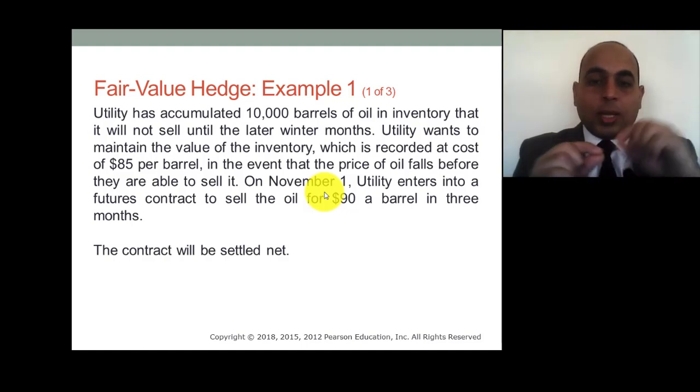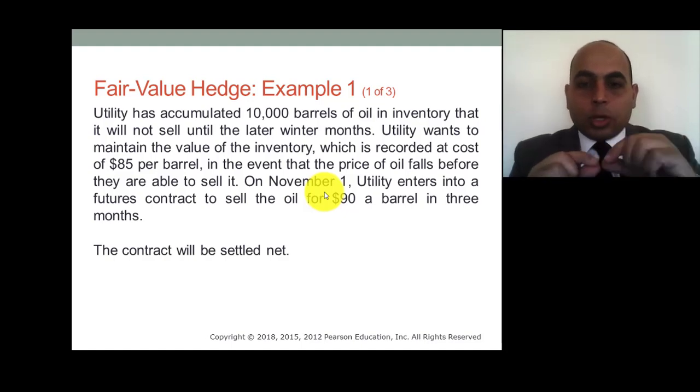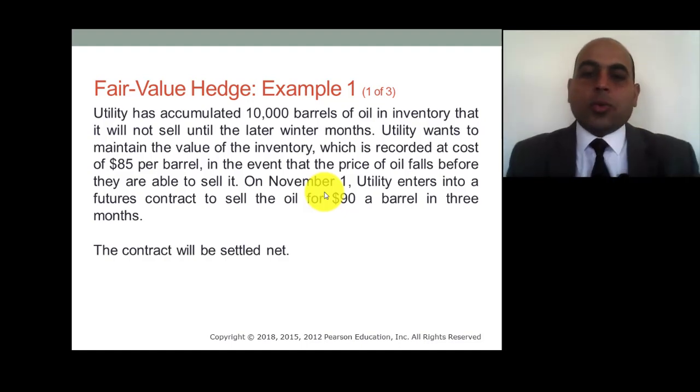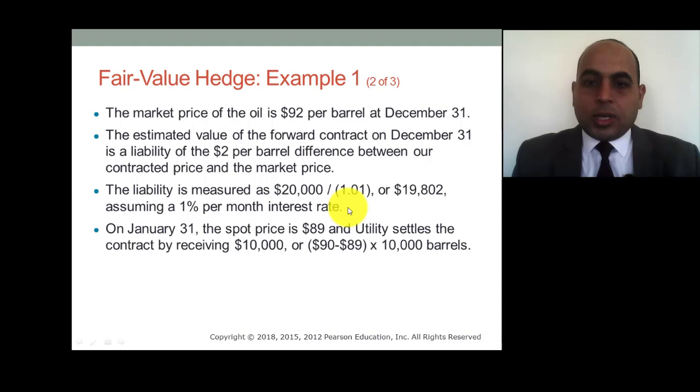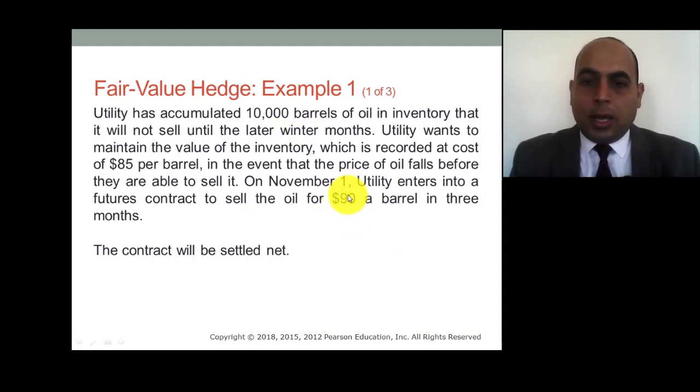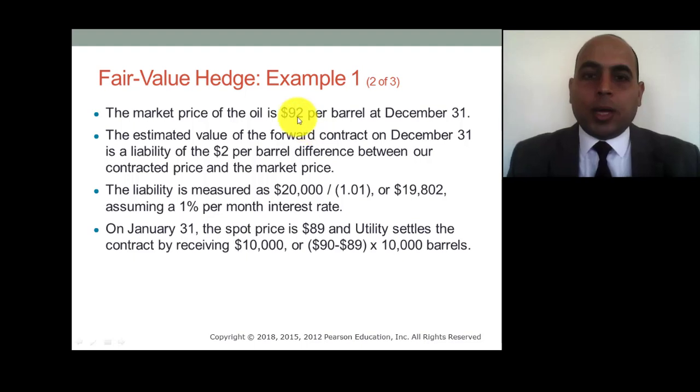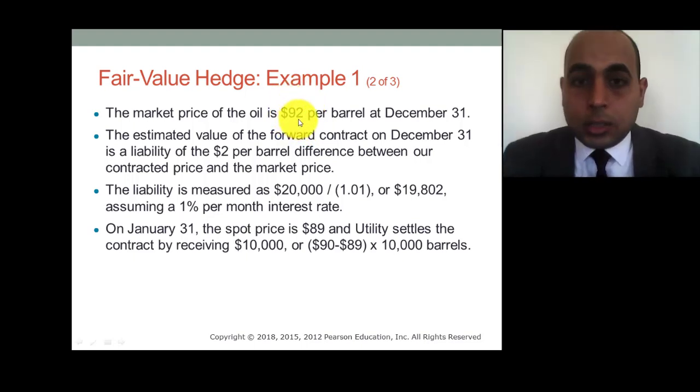No, because already I have entered into forward contract to sell it by 90. So because of entering into this forward contract, this means that we have lost. Here, the loss per unit is $2, as the difference between 92 and 90; the selling price is 90 and the price has increased to 92.